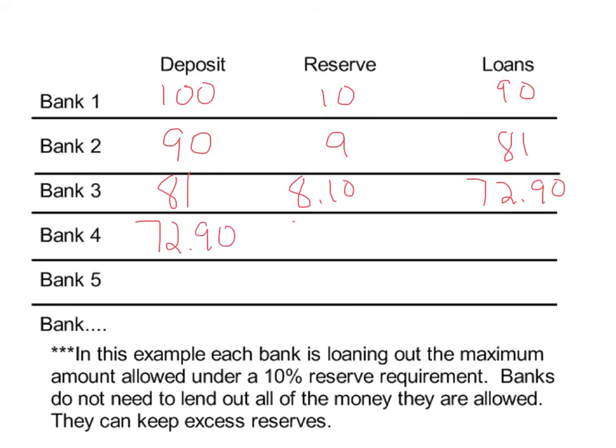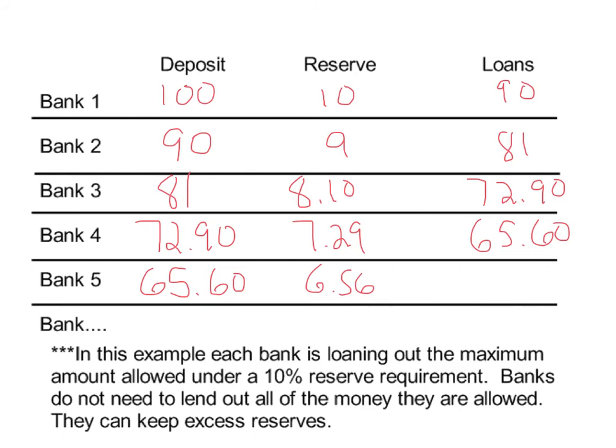Bank 4 has to keep $7.29. They can increase their loans by $65.60. That $65.60 goes into Bank 5. Bank 5 has to keep $6.56. And you can see that it keeps going on and on and on.